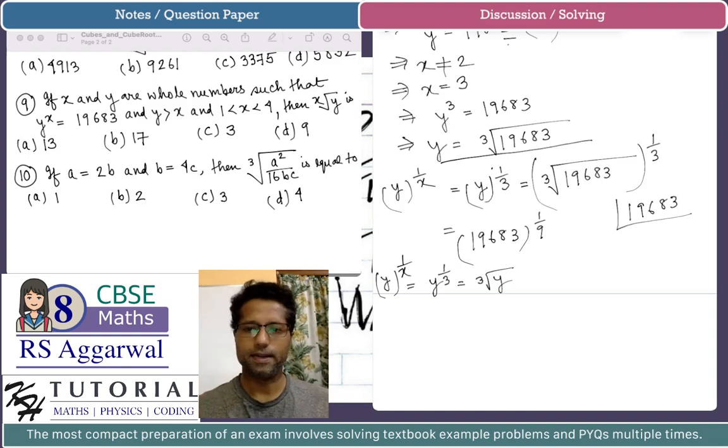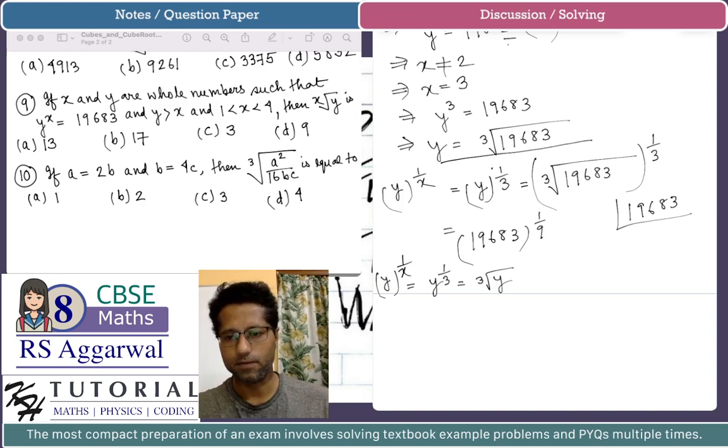We have to find the cube root of y. And what is y? y is the cube root of 19683.